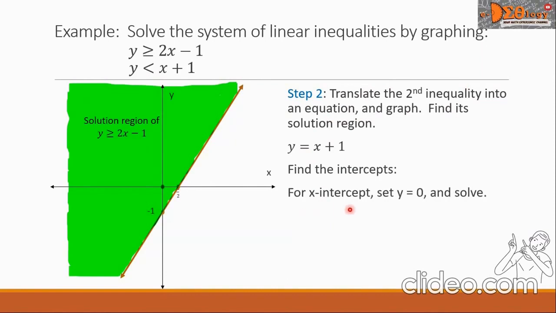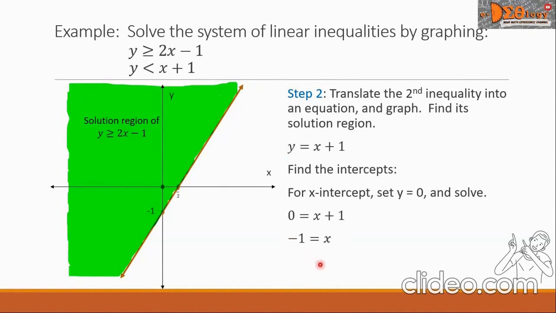For x-intercept, we set y equals 0 and solve. So this equation now becomes 0 equals x plus 1. And then this positive 1, let us transpose on the other side. The sign will be changed. So we have negative 1 equals x.